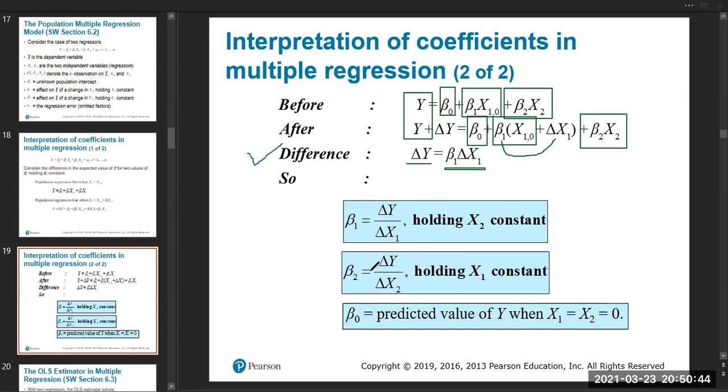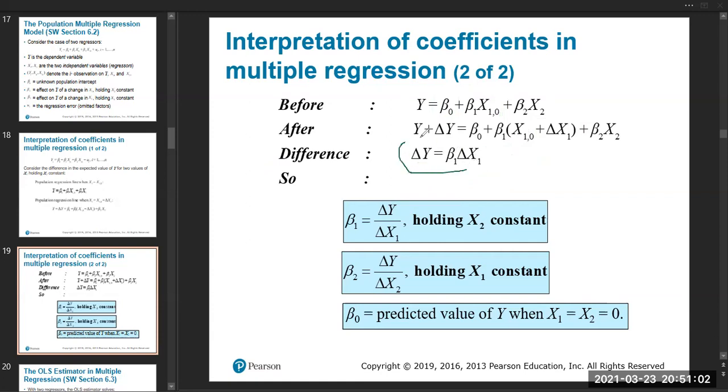So look at this difference. This difference is what we're looking at. If you put delta X1 to the left-hand side, then you get this equation.